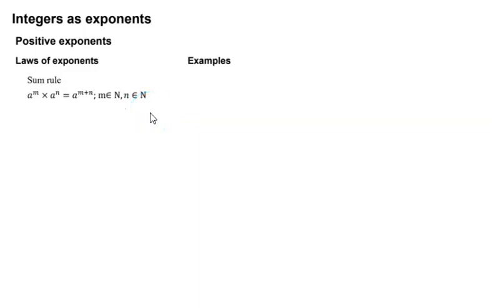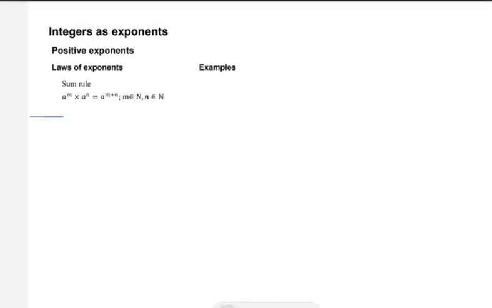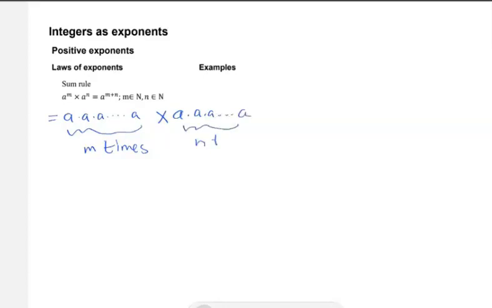So if I look at a to the m, then it means that is the same as a times a times a, m times. And if I look at a to the n, that gives us a times a times a times a, n times.